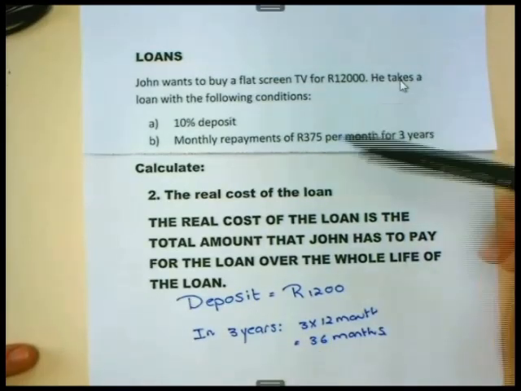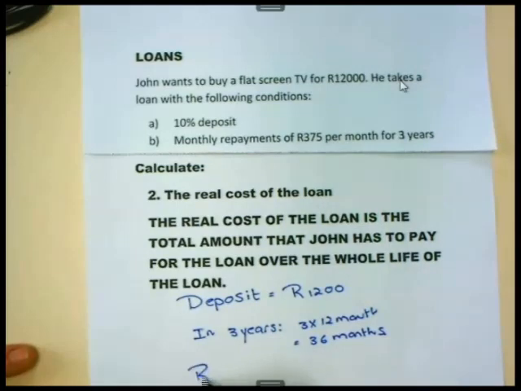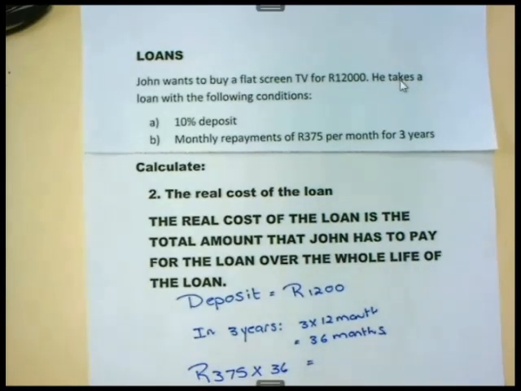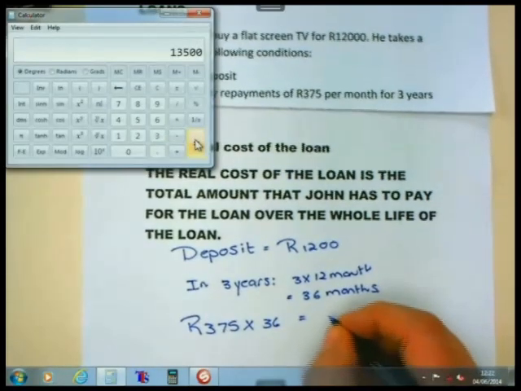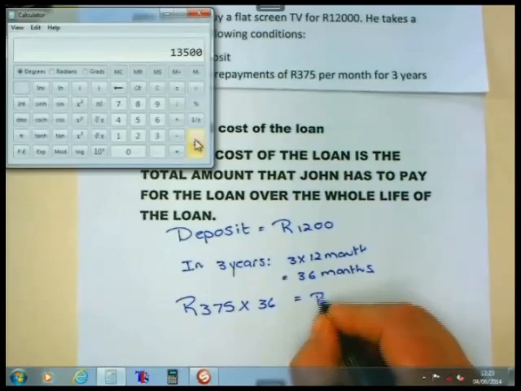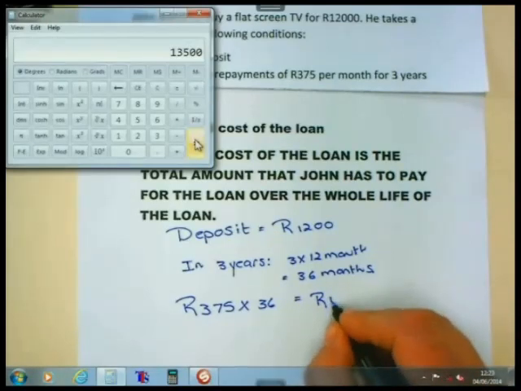If John is now going to pay 375 rand every month for 36 months, he will end up paying an amount of, okay, let's work that out on the calculator. 375 rand per month times 36 months means that in this period of 3 years, John will end up paying another 13,500 rand.